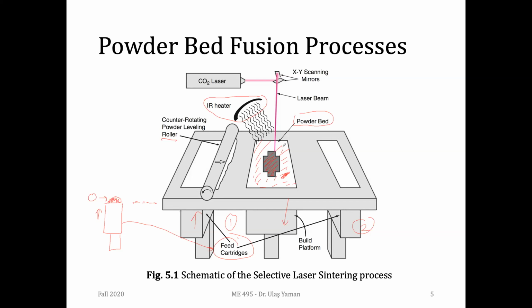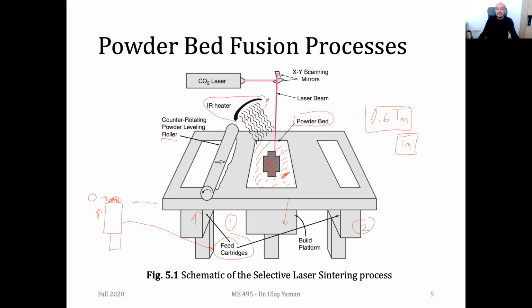Yes. So if you remember from powder metallurgy, for sintering or melting operations, obviously we have some specific temperature values, right? It might be about 0.6 times the melting point temperature for sintering. But obviously, if you do the melting process, then you need to reach the melting temperature. So if you don't have a heater in your environment, then all this power should be given just by a laser, which means you need a high power laser, which is highly costly.